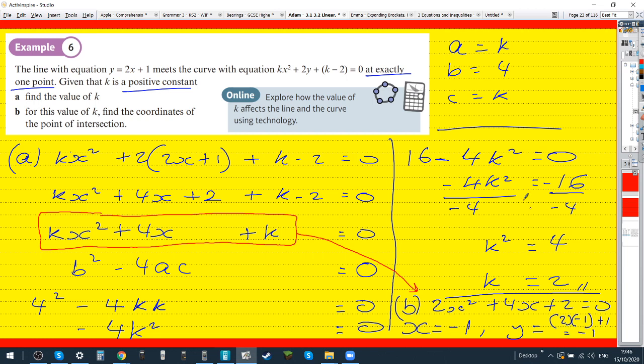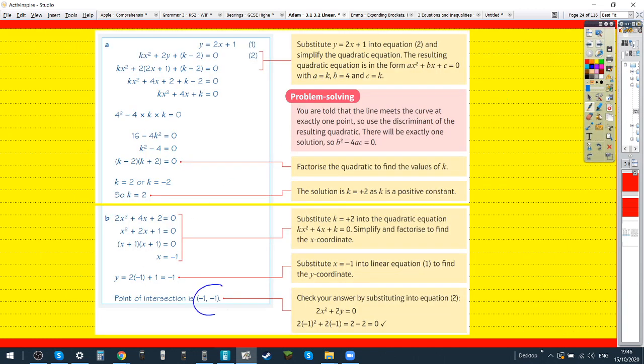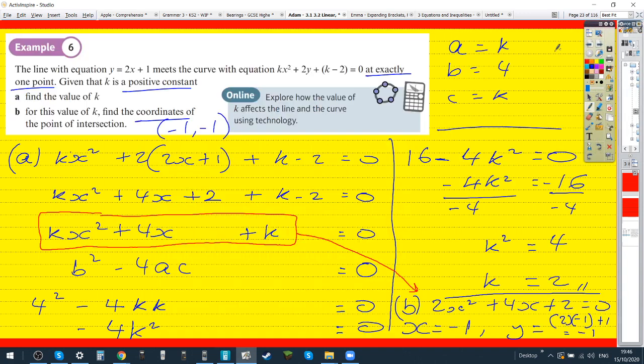So y is minus 1 as well. How would you write the coordinates of the point of intersection? Open brackets, minus 1, comma, minus 1, close brackets. Yes, just as a coordinate.